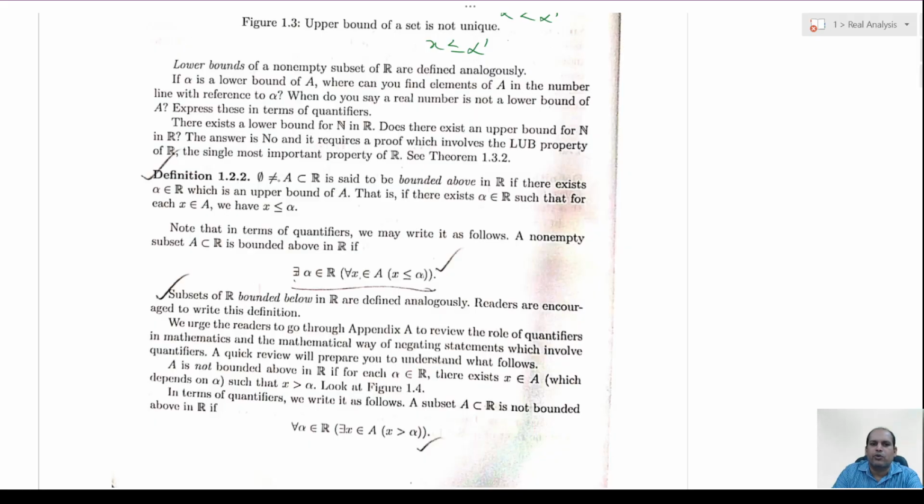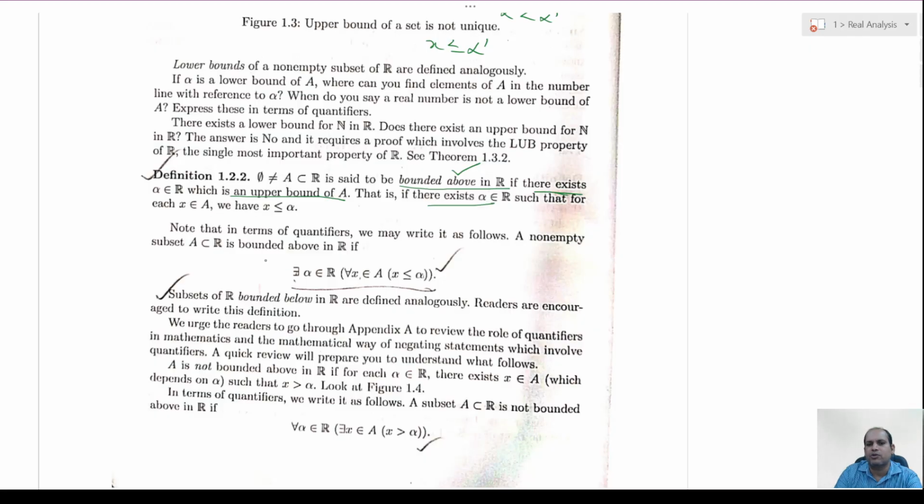Definition 1.2.2. If A is a non-empty subset of R, it is said to be bounded above in R if there exists alpha belonging to R which is an upper bound of A. So if any set is bounded above, then there exists at least one upper bound. If there exists at least one upper bound, then we say that the set is bounded above.